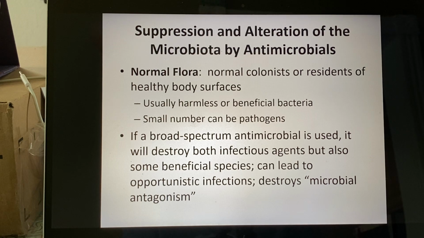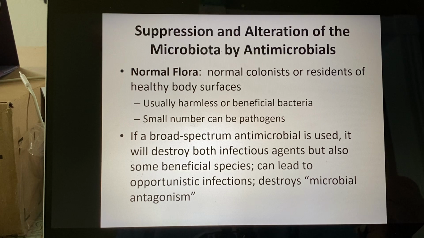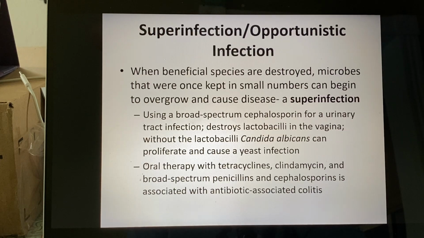So great, Pseudomonas aeruginosa will be killed, but so will the E. coli in your intestine, which is good for you. If it's a broad spectrum antibiotic, then it's going to kill pretty much all of the bacteria, which is going to destroy your normal flora. That is what can lead to what we term opportunistic infections, or the term is actually a superinfection, which is a super dramatic term.